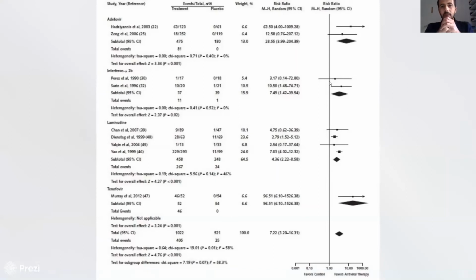Why? Well, we don't have anything to say. Does the intervention make the outcome more probable or less probable? No, it doesn't mean anything because it is on the line. Even if the confidence interval is just touching the line, if I repeat the test, it can be on one side or the other side.